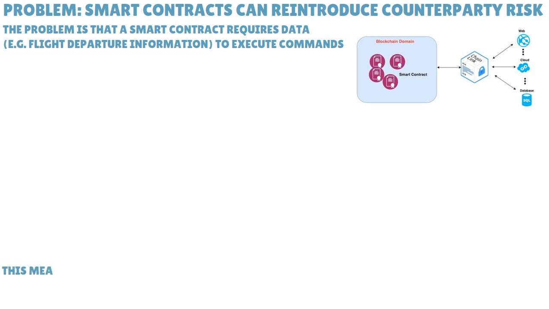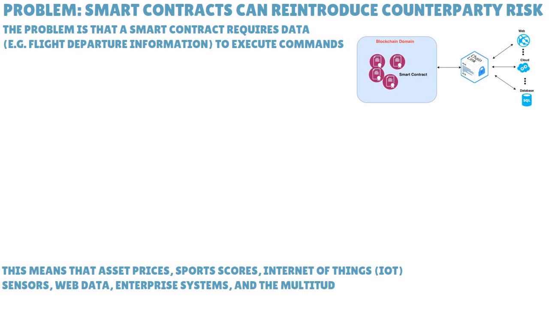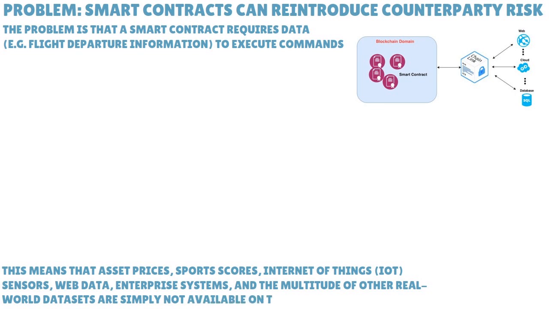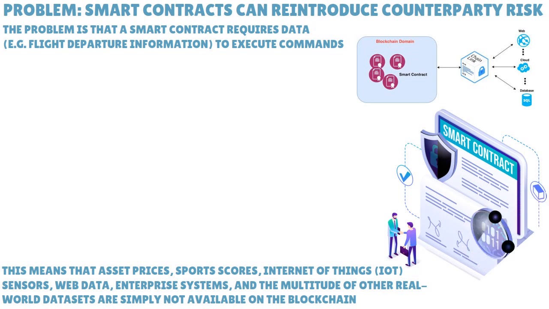This means pretty simply that asset prices, sports scores, Internet of Things sensors, web data, enterprise systems, and the multitude of other real-world data sets are simply not available on the blockchain, and this severely limits the types of smart contracts developers can create. So that's important to remember.